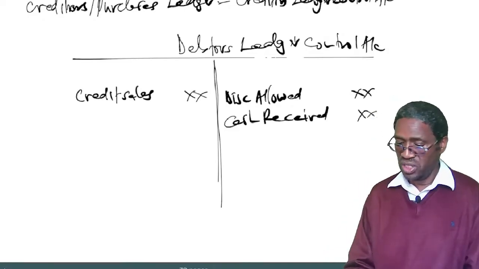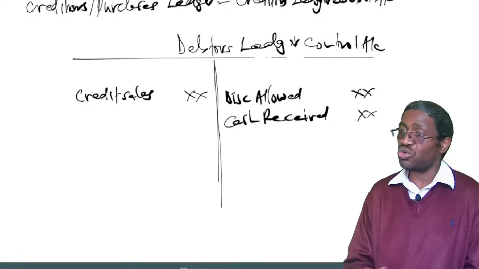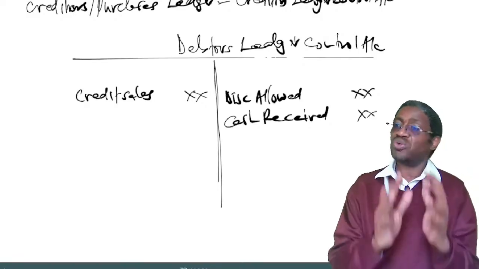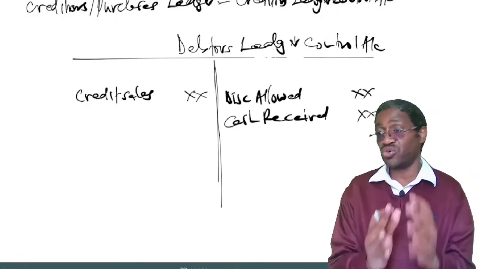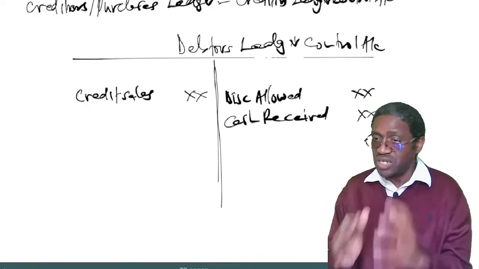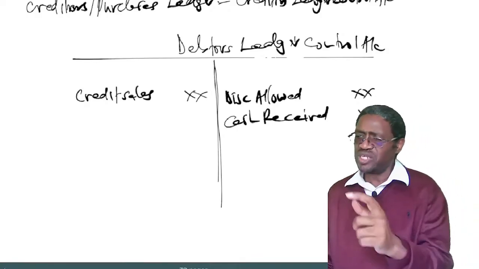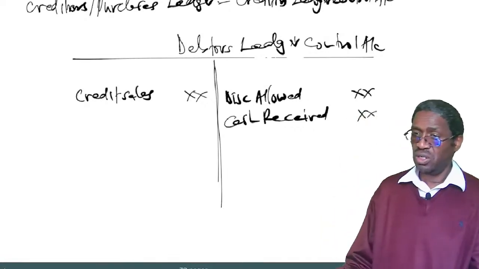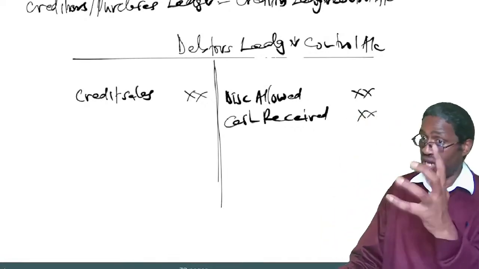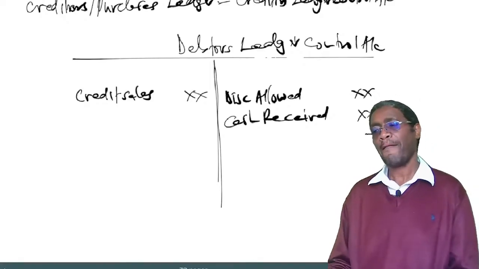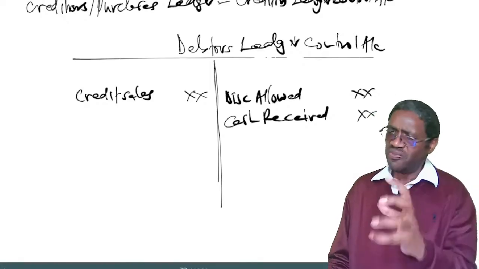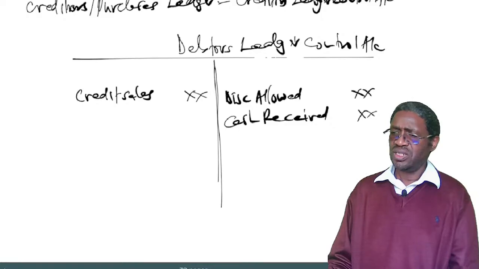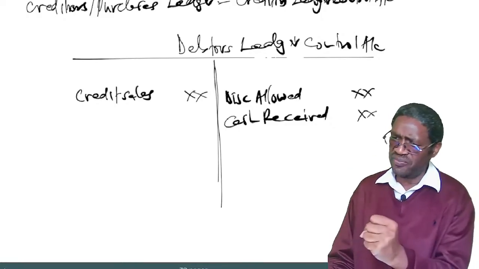Let's assume you sold goods in total for 2,000. You debited Kamau's account by 2,000. But you agreed with Kamau that if he pays you within 10 days, you will give him a discount of 5%. We have discussed this before. So when you give a discount to your customer, that means you are going to receive less.